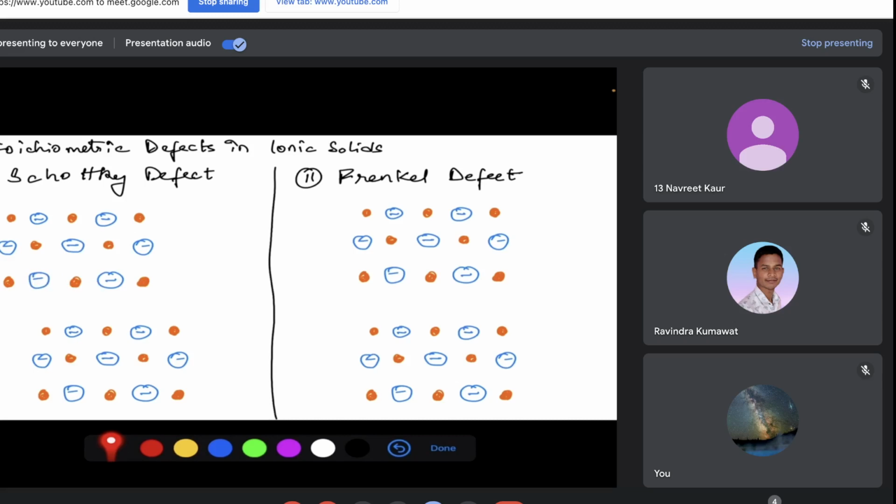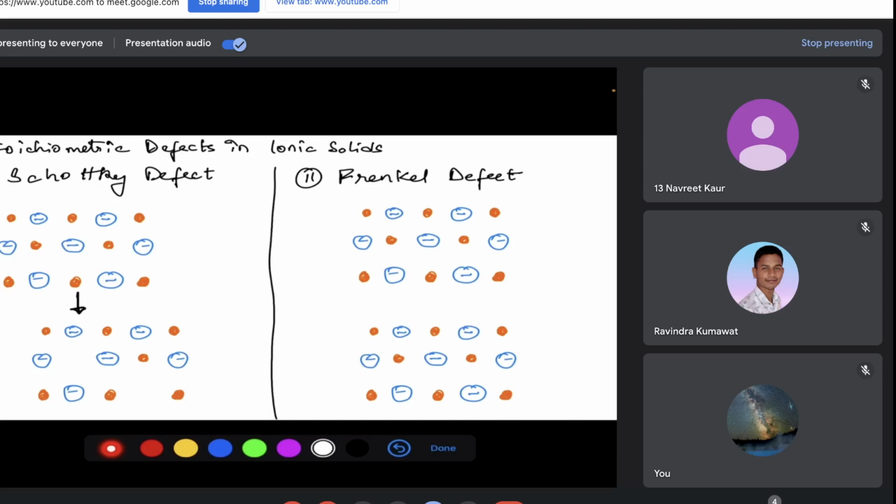If this is my crystal, then after the defect, say this one cation and one anion are missing from the lattice points. So overall, the density of the lattice will decrease.